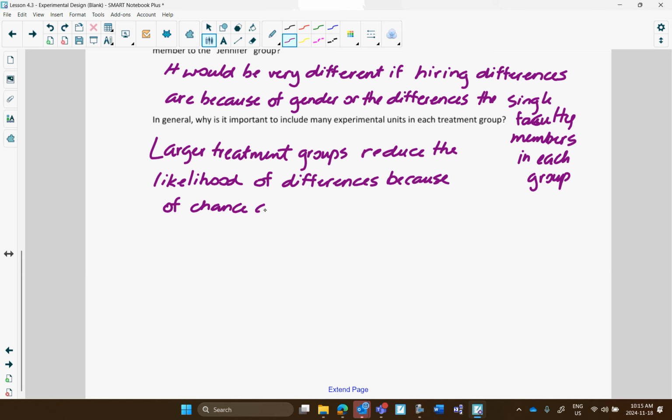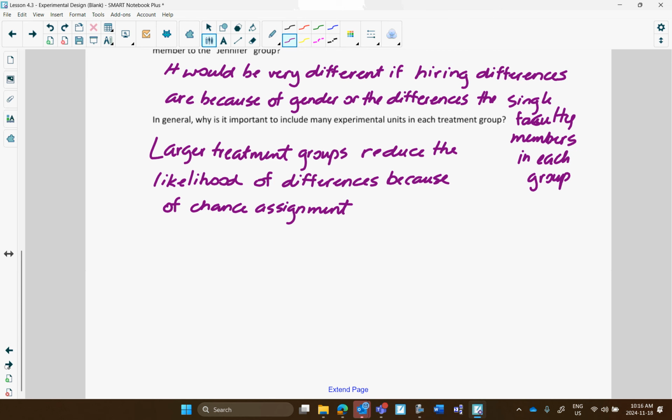I mean, it really just comes down to if you use one faculty member for each resume, it would really just come down to chance, like who gets which one, right? And that's not obviously very efficient, and that's not a well-designed experiment. So the more people, it reduces that chance variation that one group is going to be different than the other.